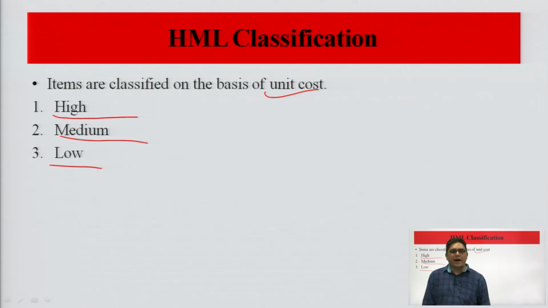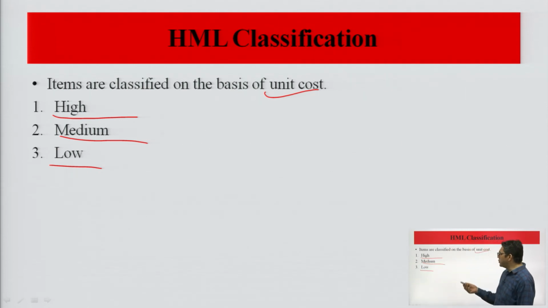Those items which are very costly, whose per unit price is very high, the organization will put more concentration on, and the company will try to keep them as inventory for the sake of continuous production flow.